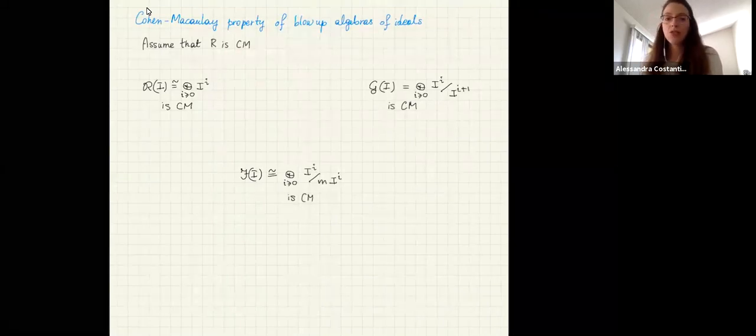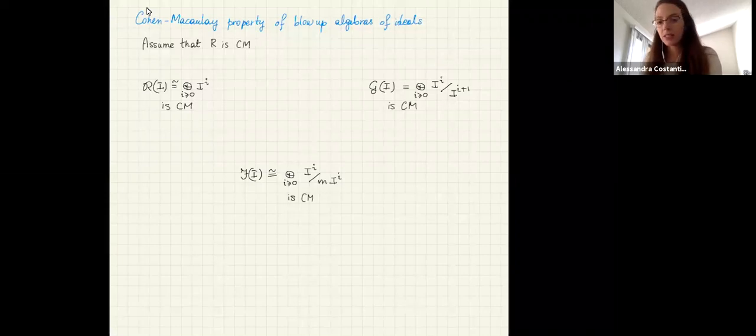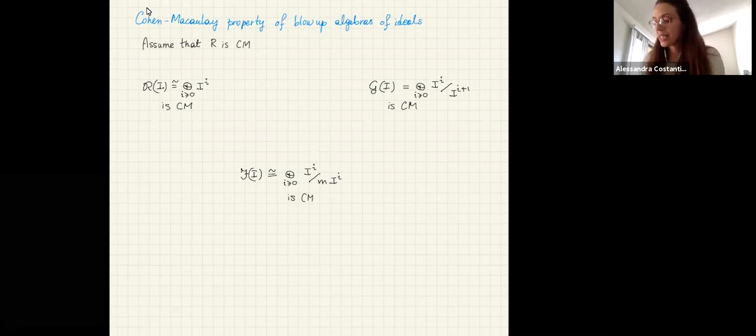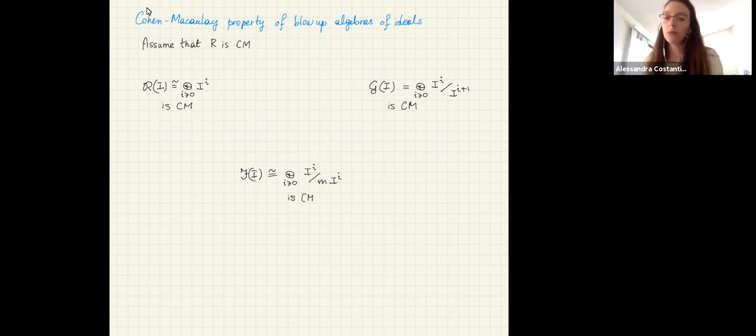And this is not always true. Sometimes it is the case, sometimes it is not. But what is interesting is that one can relate the Cohen-Macaulay property of all of the three algebras related to the blow-up construction. So the story goes like this.